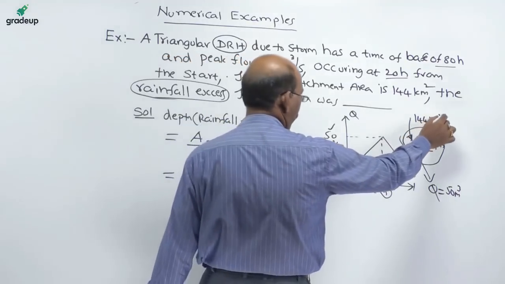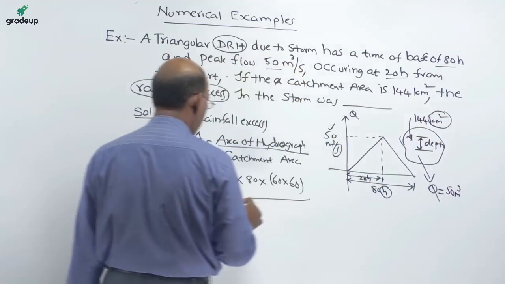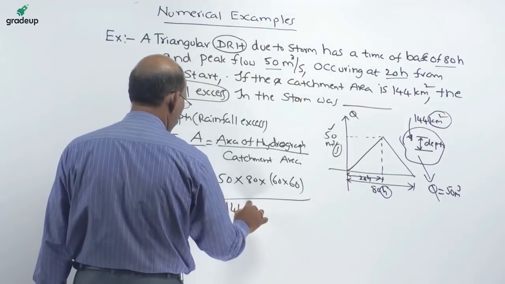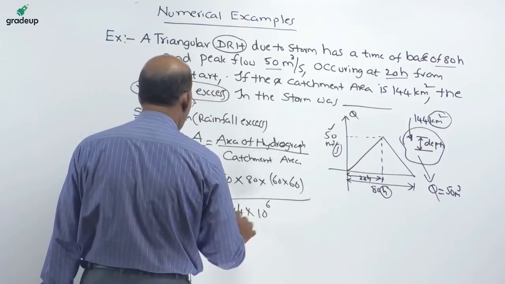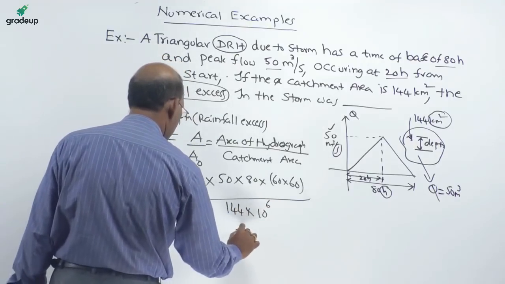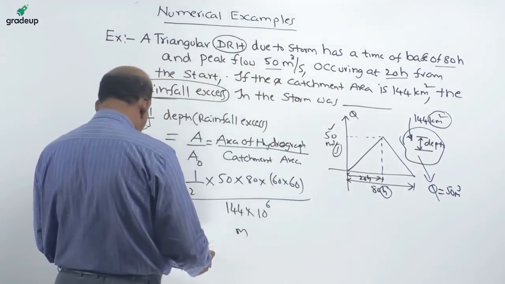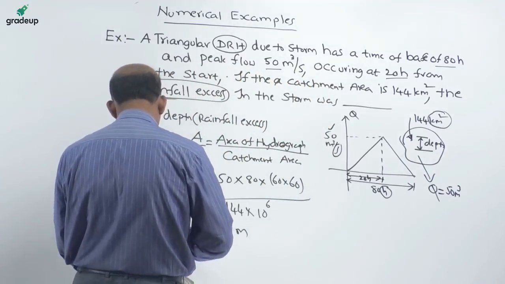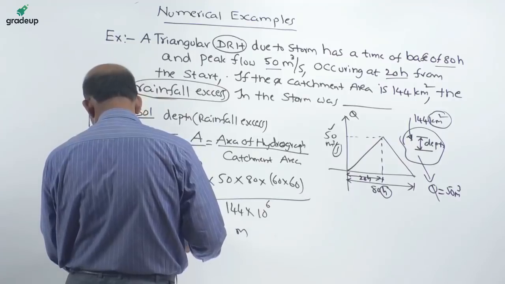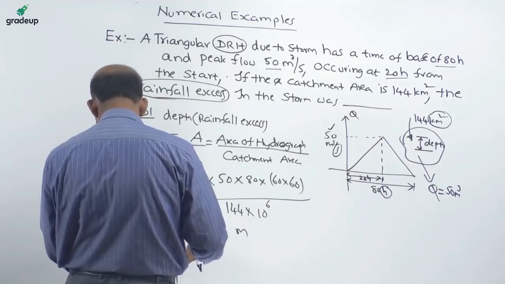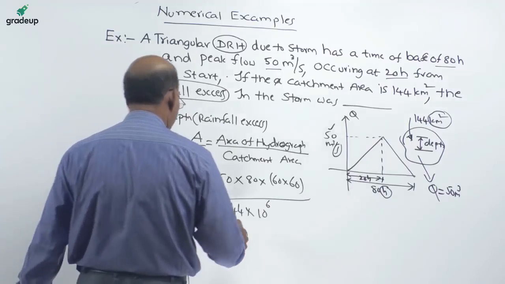Catchment area 144, this is square kilometers. Convert into meters, 10 power 6. So, the answer is 5 centimeters.